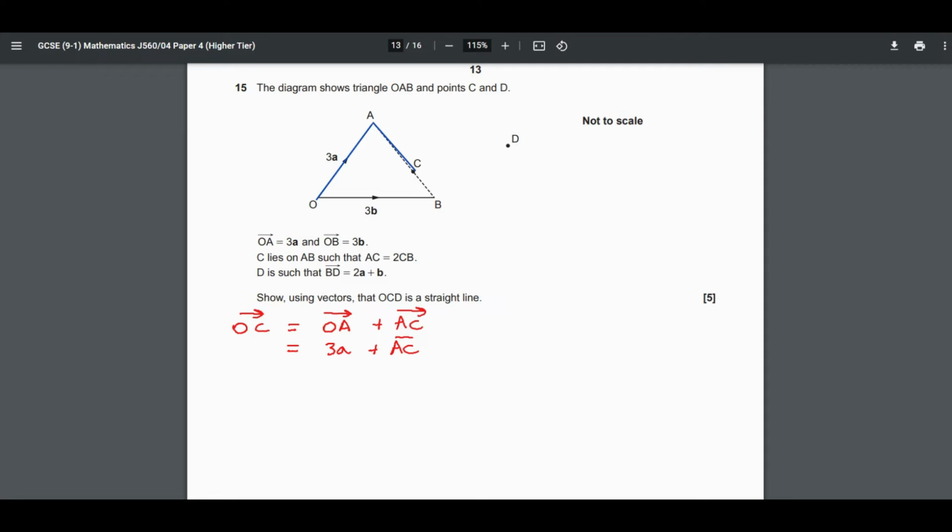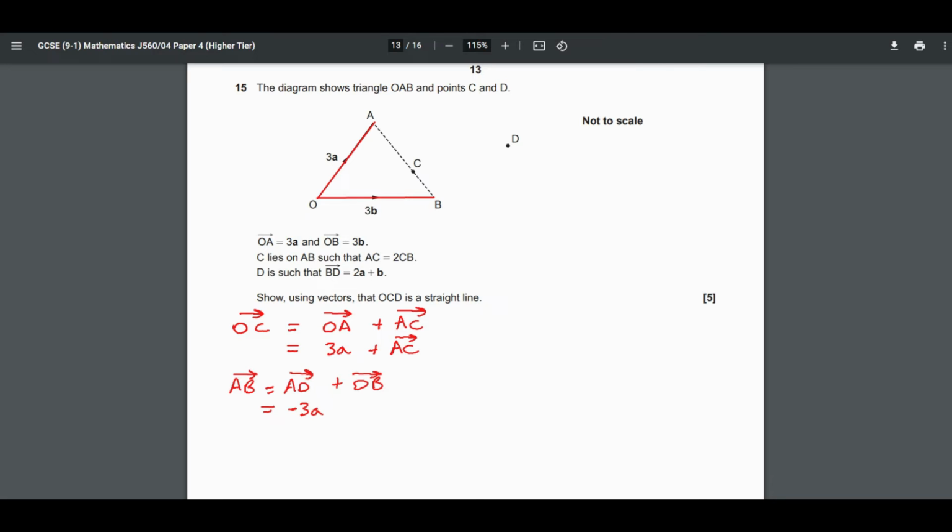O to A is just 3a, but we don't know what A to C is, so we need to find that. And the way to find A to C is to find what A to B is. Now, to get from A to B using the paths we know, we have to go from A to O, and then from O to B. This means that A to B is equal to A to O plus O to B. So A to O, we're going back in the opposite direction of this path, O to A. So it'll be negative 3a this time because we're going backwards.